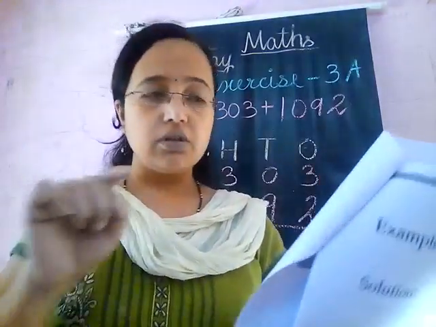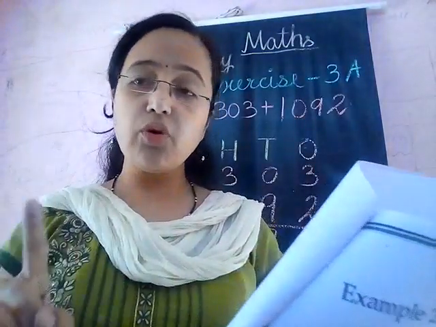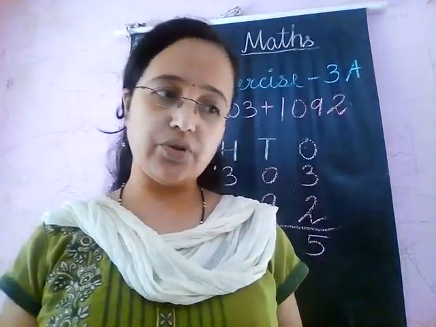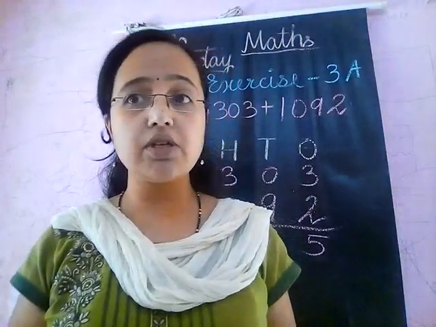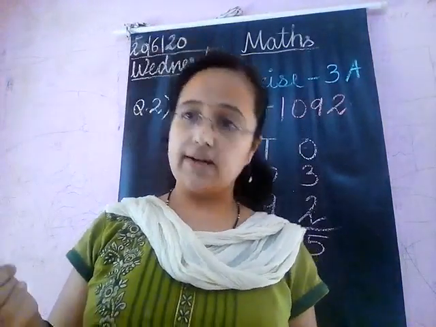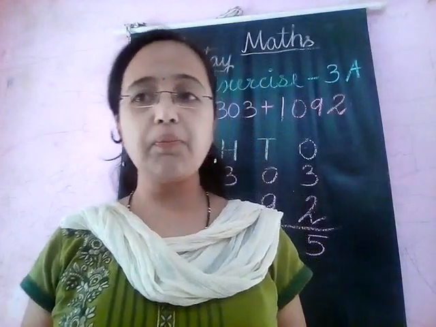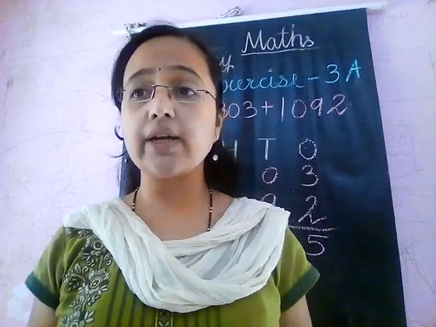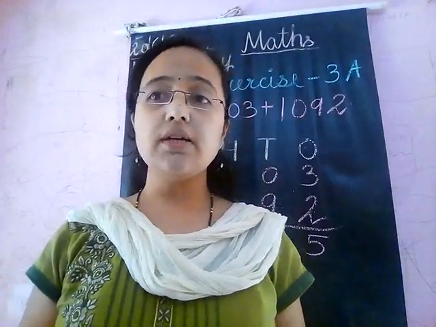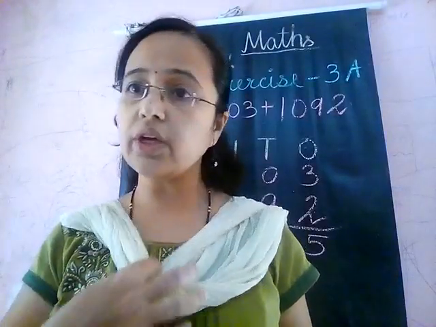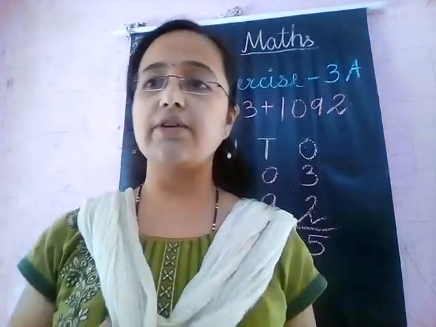So this question number 4, this also you have to do in your notebook. You have to arrange the numbers first in columns, and then you have to do the addition. Very simple. Do it at home. And if you are still getting some problem, then you can send me your queries on the WhatsApp group, or you can send me a message.